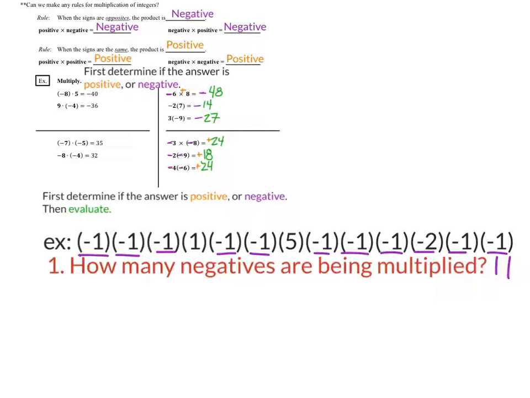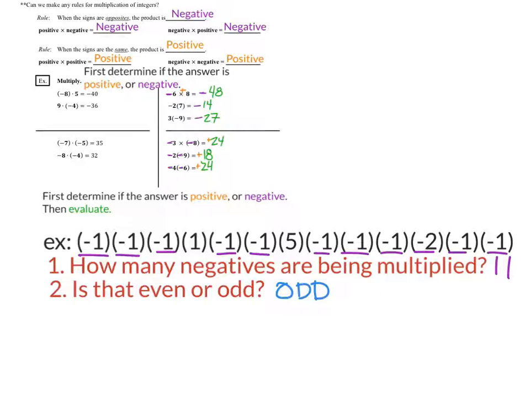Now the second question should be a little bit easier for us. And the number that I just found was 11, right? So since 11 is odd, that takes me to the third question, which is going to help us to determine if the answer is a positive or a negative. And sorry, it's not really a question.